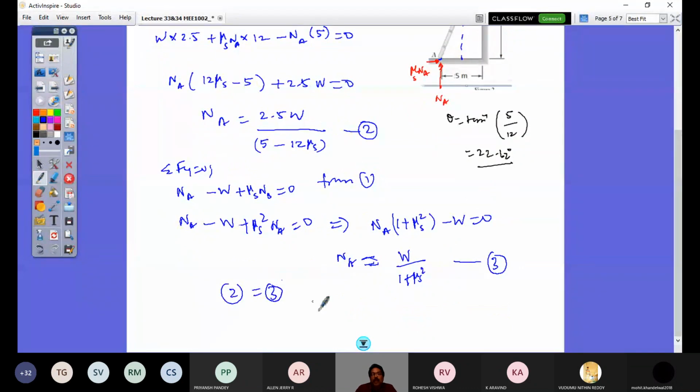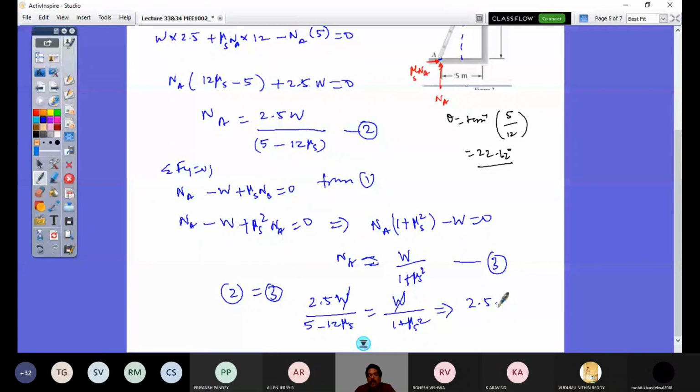That gives you 2.5 times W by 5 minus 12 mu s equal to W by 1 plus mu s square. So this W on both sides goes off. I get a quadratic equation in mu s by cross multiplying. So that's going to be 2.5 plus 2.5 mu s square equals 5 minus 12 mu s.